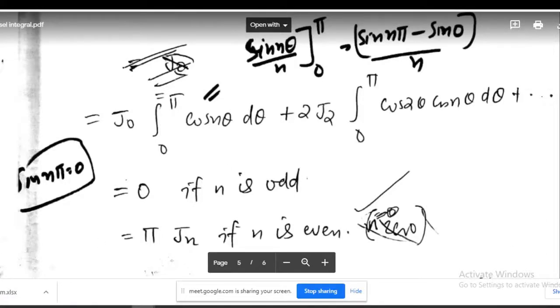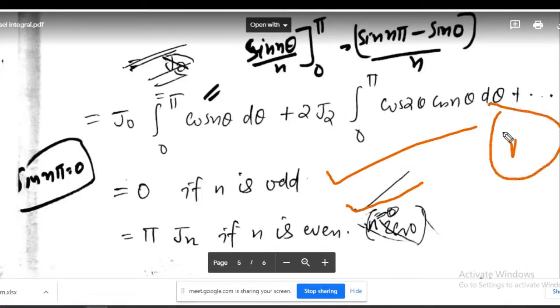I have got this result: 0 if n is odd, pi jn if n is even from the first equation. Now from the second equation, what do you want to tell us? N odd, what do you get? N even, what do you get?